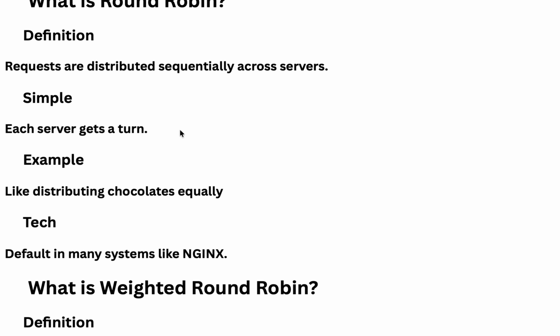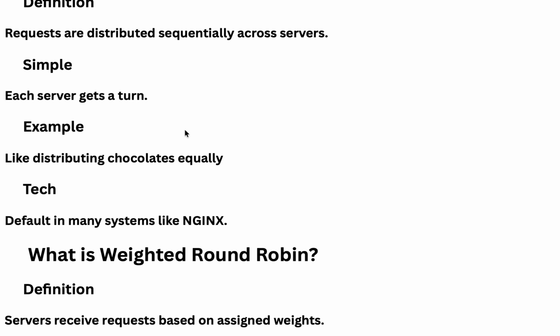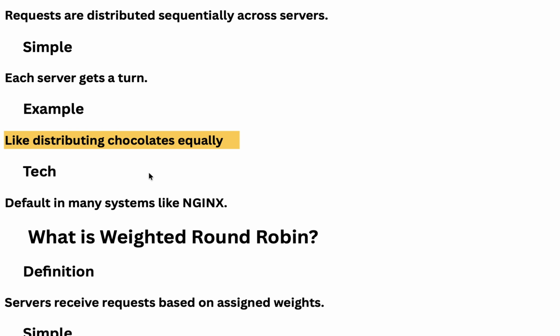It doesn't consider which server has capacity. Even if the server has reached its capacity, it will distribute. It doesn't care about that. Like distributing chocolates equally, but that is the con of it. It is the default in many systems like Nginx.